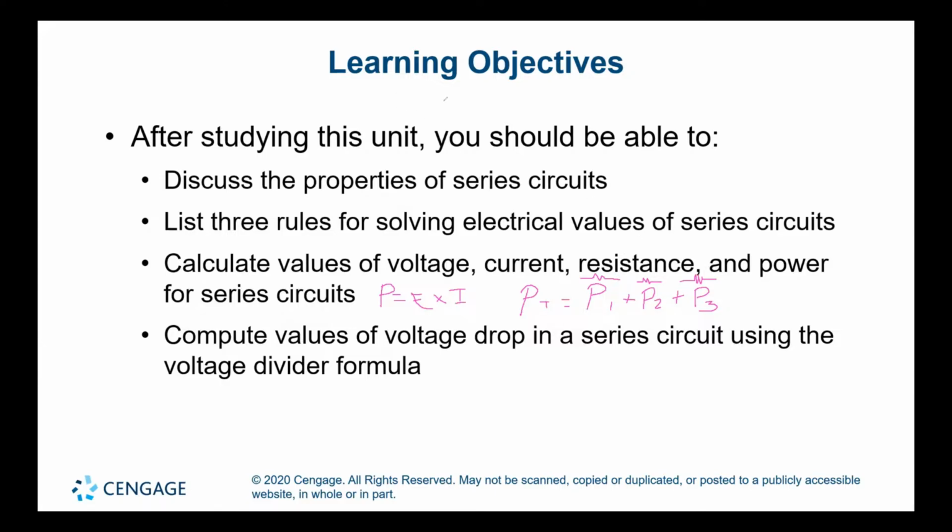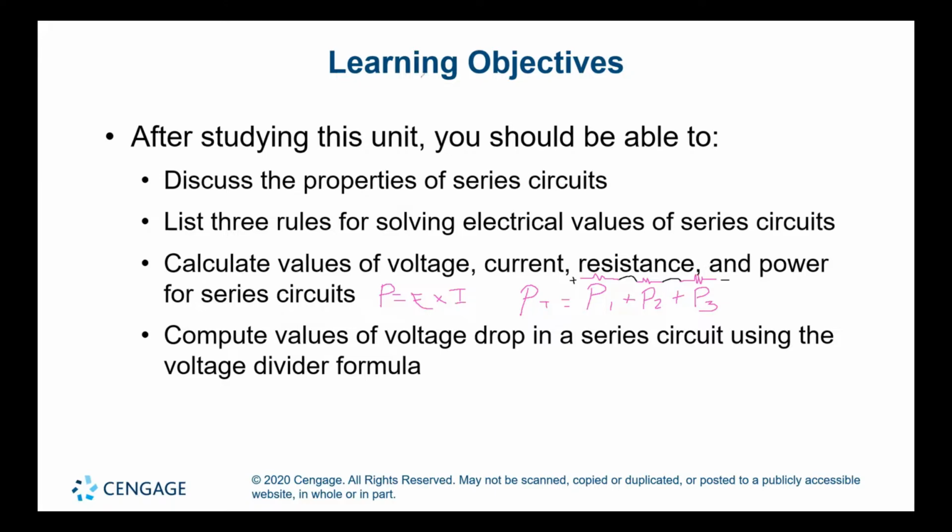Like if this was the little wire that is connecting them, that's going to be a series connection. Let's say that here we have the positive terminal and here we have the negative terminal. Then that resistor is connected in series, and that's going to be the formula for power, okay? Power adds up.